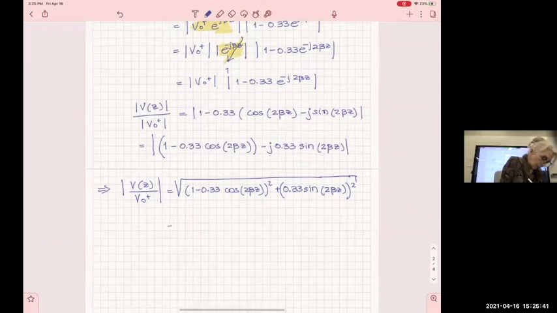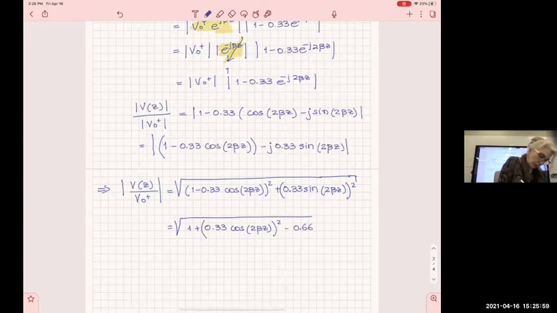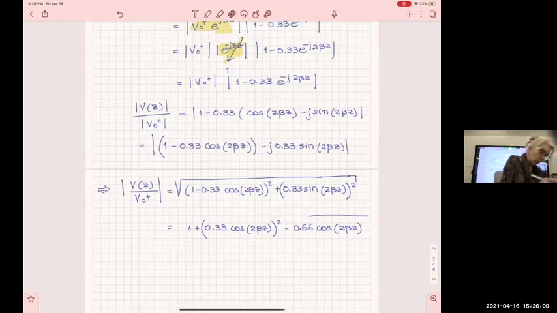So now this is equal, I will continue, to 1 plus 0.33 cosine 2 beta z, and that squared, minus 0.66 cosine 2 beta z, and in fact, because I don't want to do it like this, I will put something like that, to 1 over 2, all right?